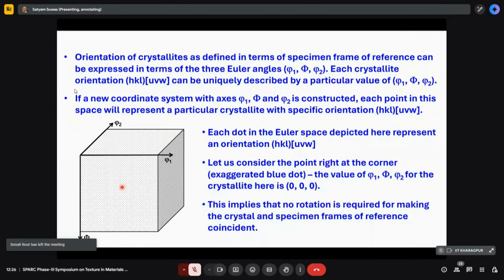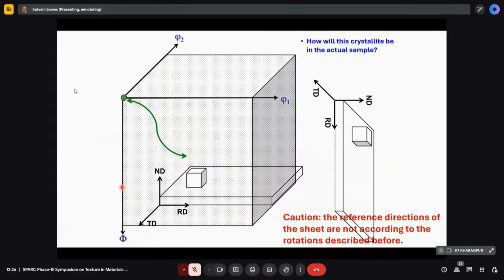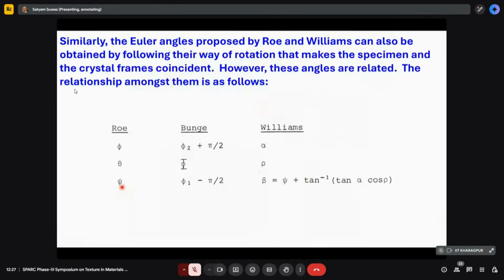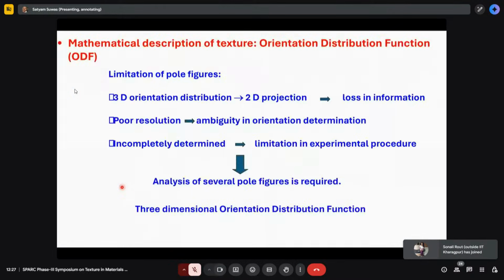If two crystals are of the same orientation, they will have common φ1, Φ, φ2. So this way you can have an orientation space and represent the crystal in a particular way through the Bunge method. There are other methods also, as I mentioned, but I am not going to emphasize them because I am almost close to my time. Right, so this is the way it is done.